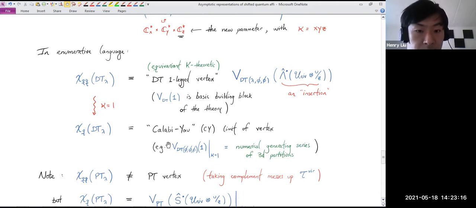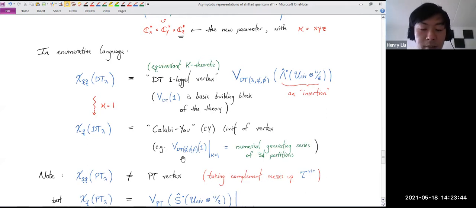In a very concrete example, if you have no insertion whatsoever and you don't take any infinite legs, so you just think about regular old 3D partitions, this would be an integral over the Hilbert scheme of C3. If you set kappa to 1, basically all the equivariance vanishes and you literally just get the numerical generating series for 3D partitions.